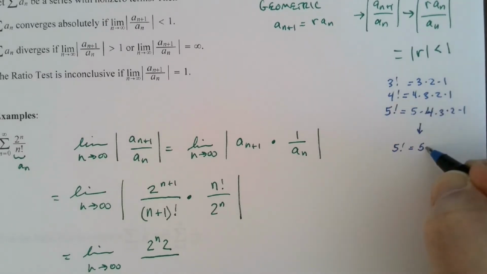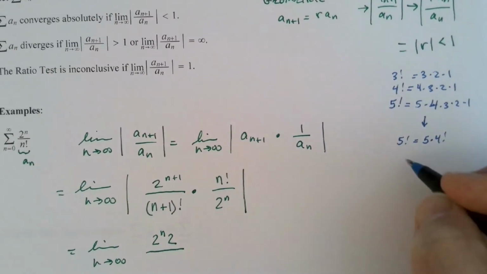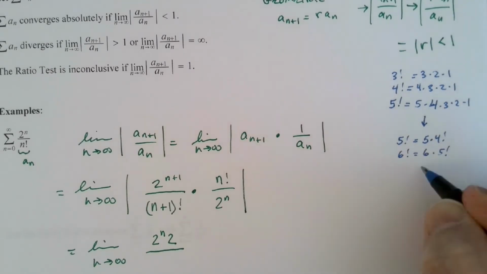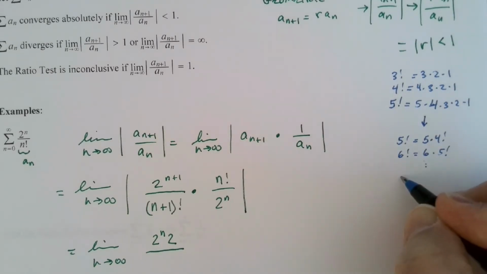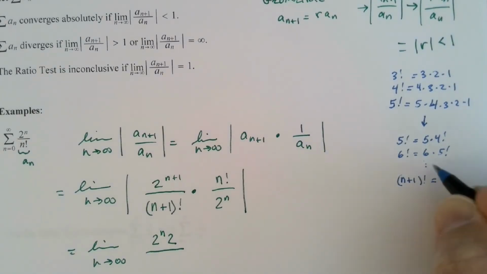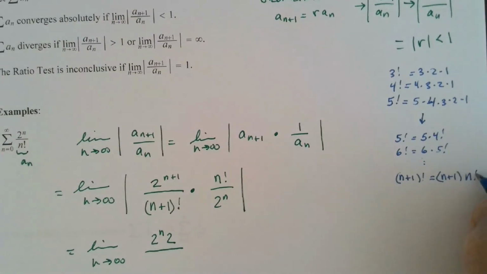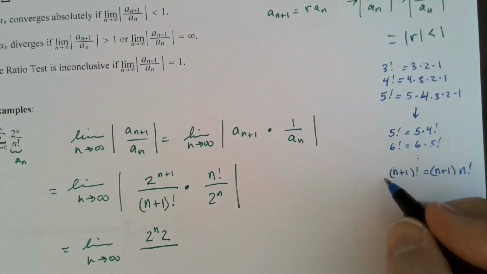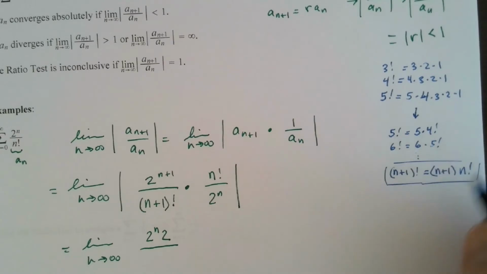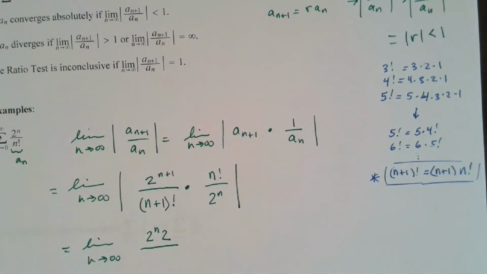That's 5 times 4 factorial. And similarly, we could say 6 factorial would be 6 times 5 factorial, and so on. And so the idea is, if I wanted to look at (n plus 1) factorial, that's going to be n plus 1 times what? One less, n factorial. So that's a very key relationship that we would like to use in this analysis.